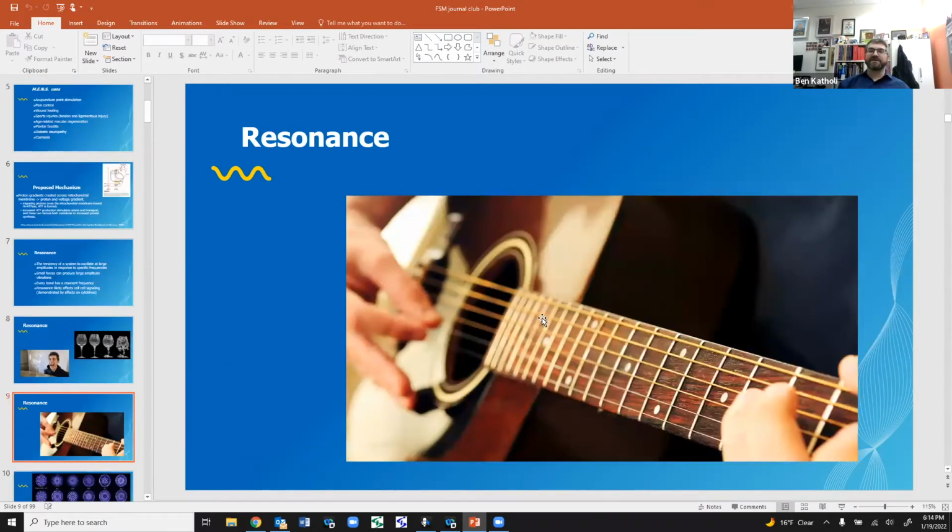If you listen to different instruments, there's the notes on top, and then there's what's called harmonic frequencies. And that's how FSM works, on harmonic frequencies. There's 7 harmonic waveforms that they've seen on fine wire surface EMG. And that's what they think has the bigger effect on tissues.